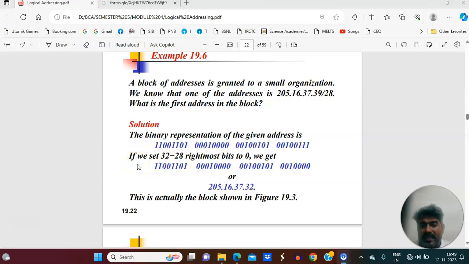If we set the 32 minus 28 rightmost bits to 0, we get 205.16.37.32.